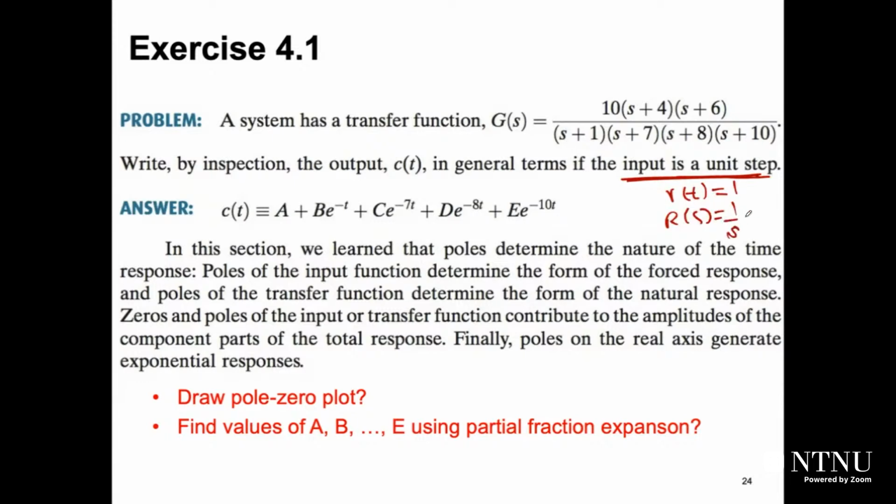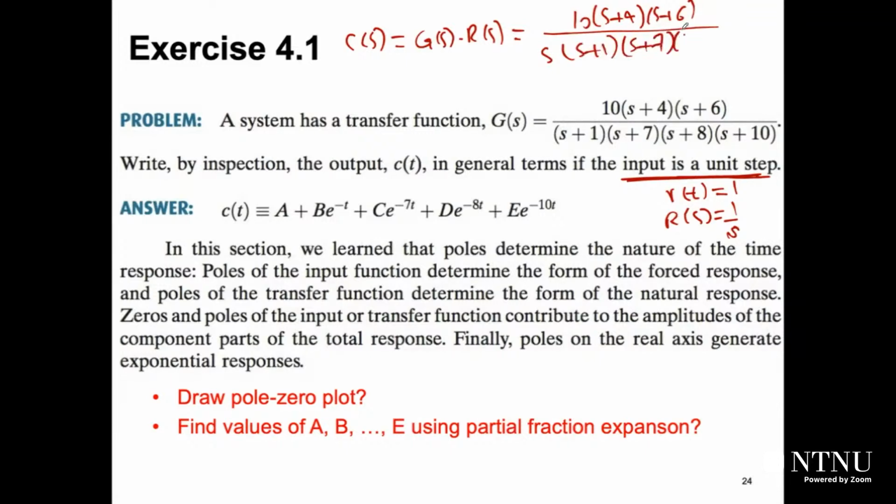So the output C(s) will be G(s) multiplied by R(s). So it will be 10 multiplied by (s plus 4)(s plus 6) divided by s multiplied by (s plus 1)(s plus 7)(s plus 8)(s plus 10).